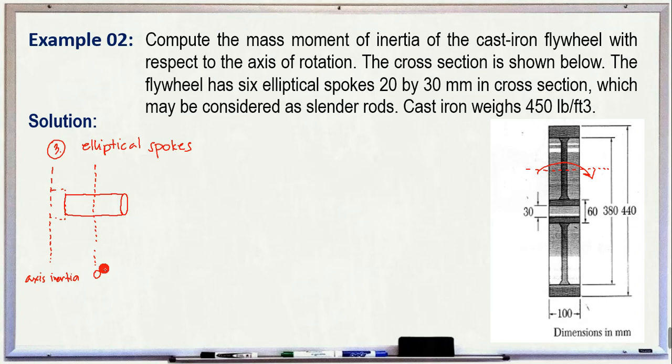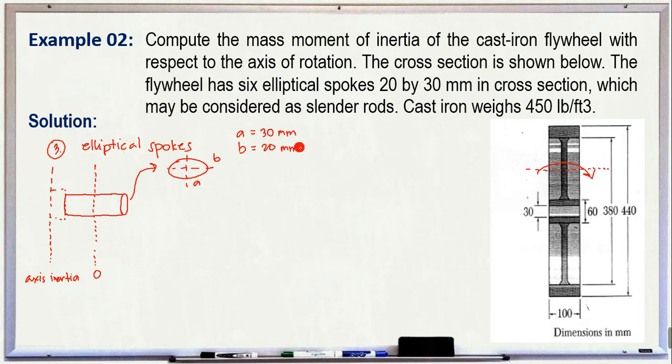The formula for the mass moment of inertia of an elliptical spoke along the centroid O can be found in the previous slide. Its cross-sectional area is an ellipse, where this is A and this is B. A is equal to 30 mm and B is equal to 20 mm.